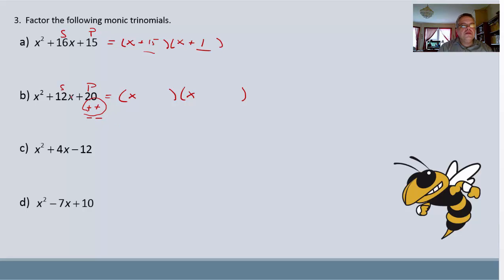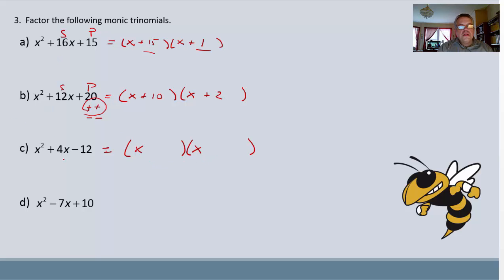All right, so I need two positive numbers that add to 12 and multiply to 20. 4 and 5 doesn't work because it doesn't add to 12, but 10 and 2 works. So we can do plus 10 and plus 2. Done. This, by the way, is called the trial and error method. I'm just trying possibilities. And we'll learn a very powerful method in class to find the two numbers we need.